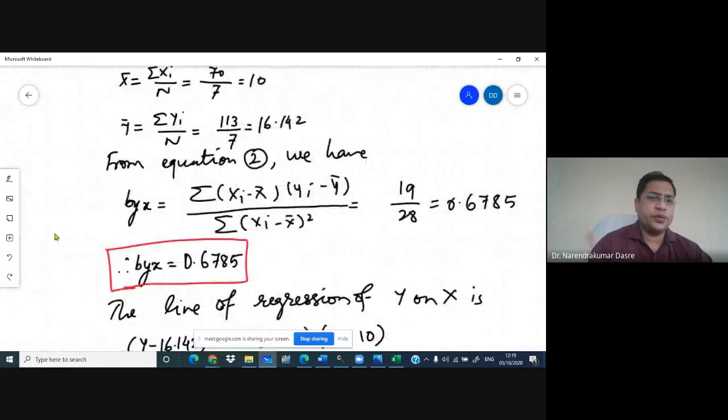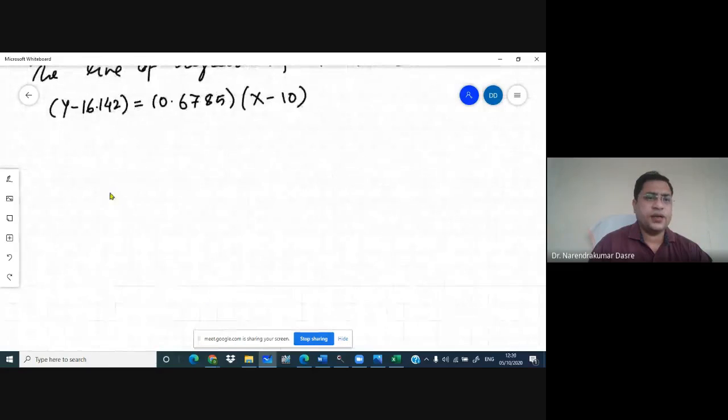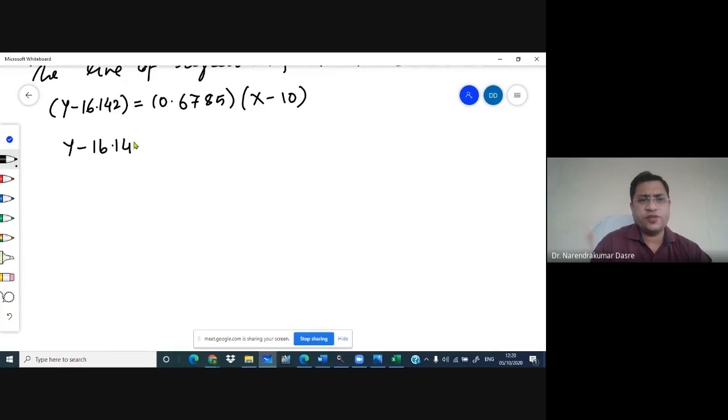So this x bar is going to be 10. Okay, and hence we'll solve this. Y minus 16.142 is equal to 0.6785 times x minus 0.6785 times 10.